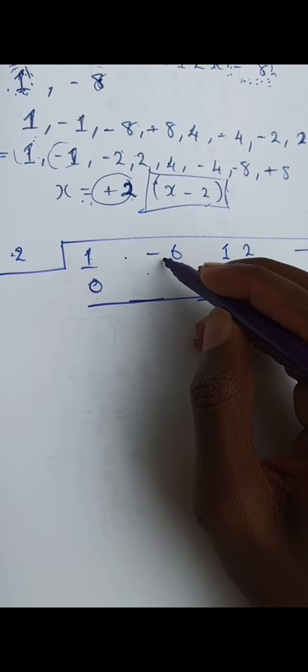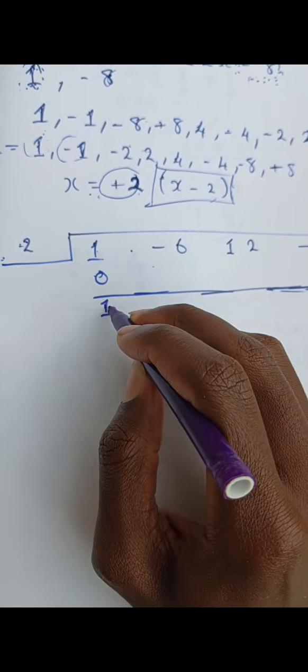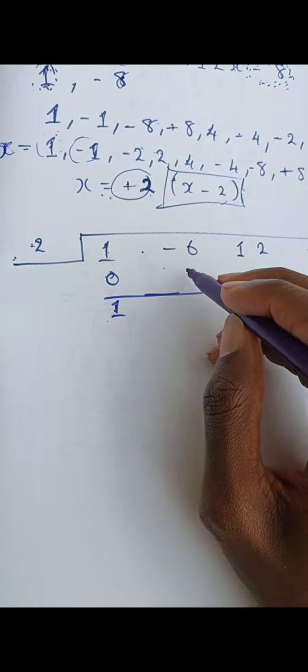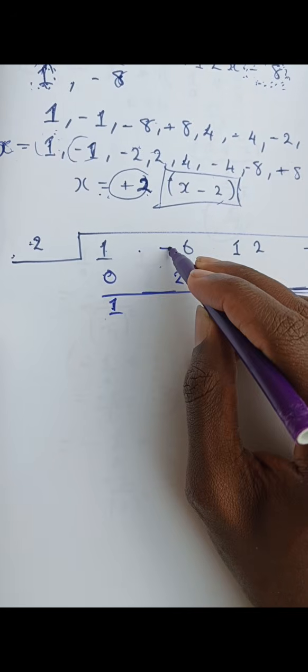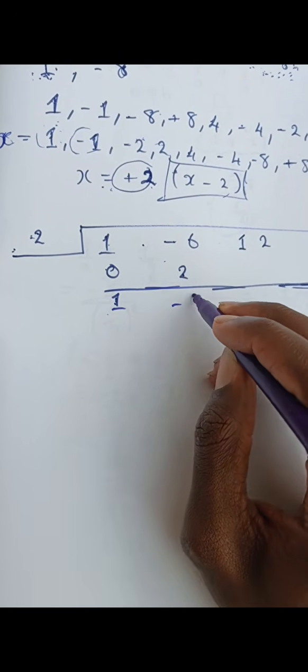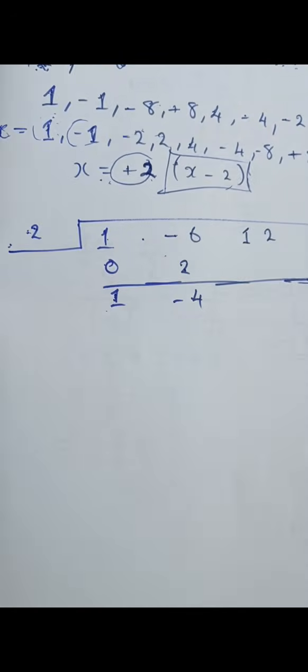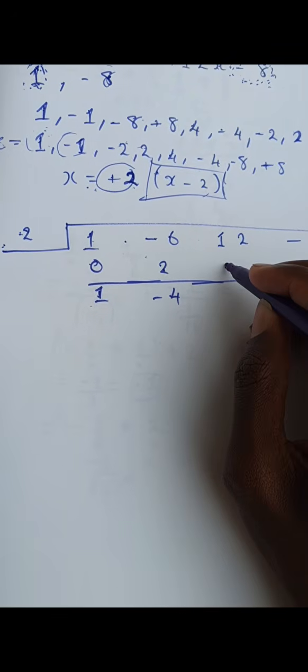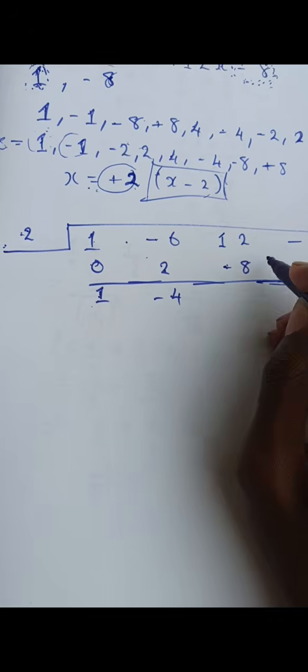So let's proceed. Here I'll write 1. Then we start multiplying now. 1 times 2 is 2, right? So I'll put 2 here. -2 plus 2 is -4, right? -4 times 2 gives us -8.